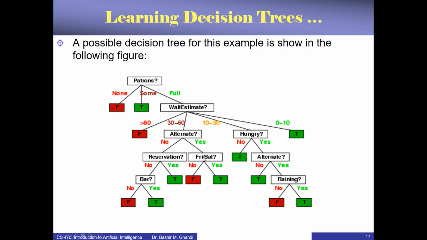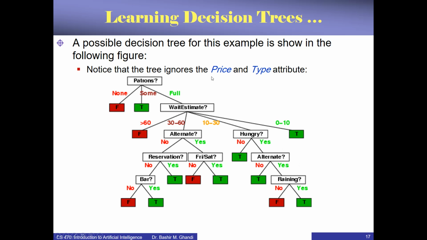Okay, and so on and so forth. So this is a sample decision tree which is generated by our authors. But actually what we want is an algorithm that will generate this kind of tree automatically for us based on some example data.